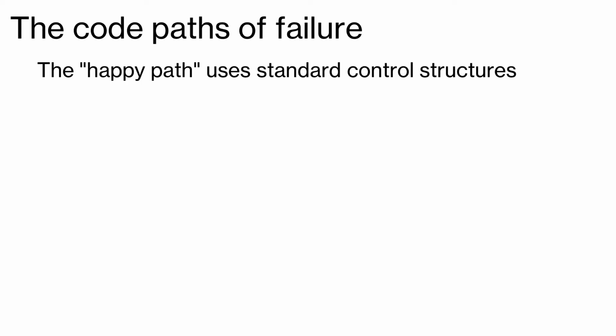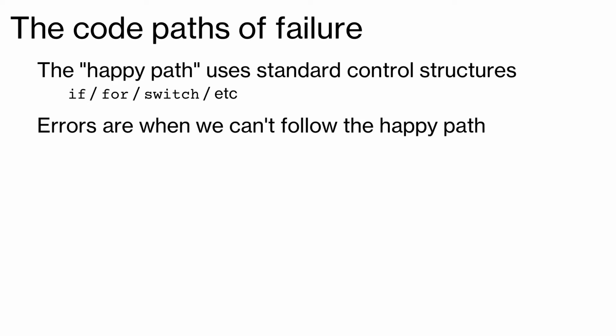So let's look at the mechanisms that we have available to us in the languages. Well, the happy path uses standard control structures, like if and for and switch and whatever. Error scenarios are when we can't follow the happy path.